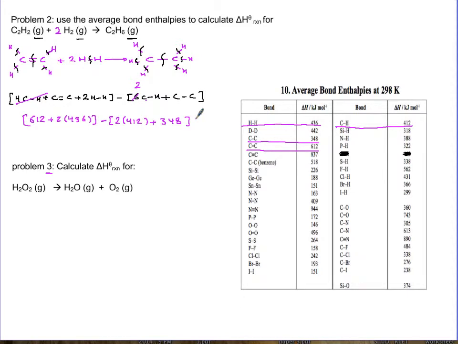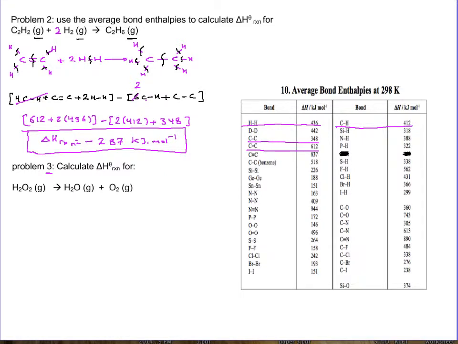When we do the algebra, this delta H of reaction happens to be negative 287. Let me write it one more time. Negative 287, of course, kilojoules per mole, exothermic because overall I'm negative. Bonds are stronger in products and more stable.